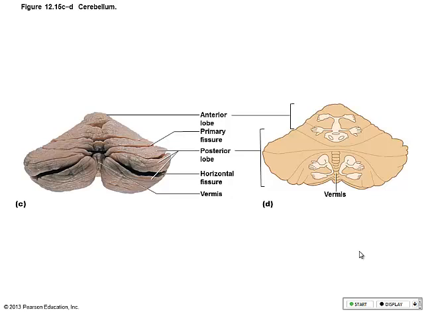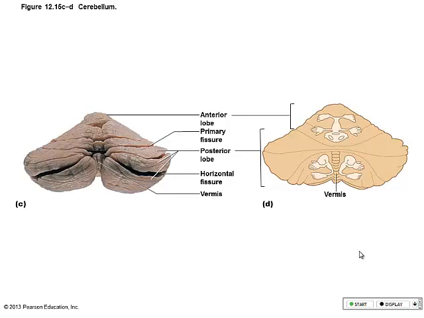This little picture, similar to the one we saw of the cerebral cortex, shows us what parts of the cerebellum are responsible for what parts of the body. So if I'm looking at this, and if you look in your textbook, you'll see that it's what view? Where's the anterior, where's the posterior, basically?